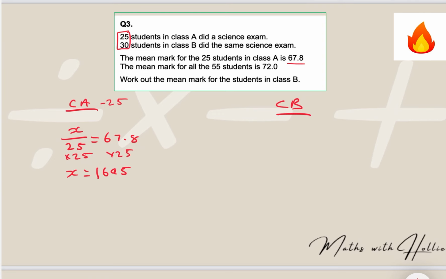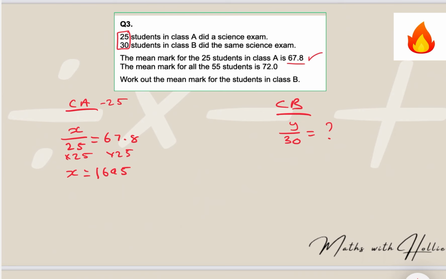Okay, class B, don't know what it is, but let's call it Y. If I do all of their grades added together and I divide that by 30, it's going to give me the mean. But that's what the question's asking me to do. So then I need to think, okay, what other information has it given me?